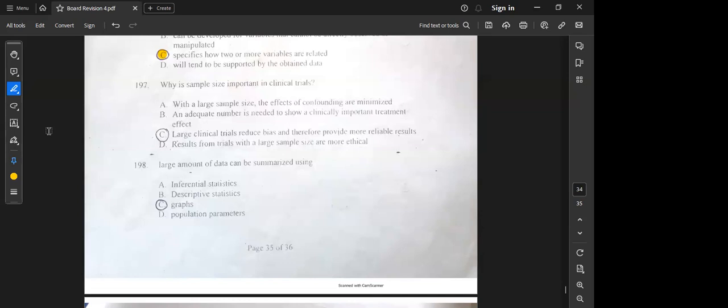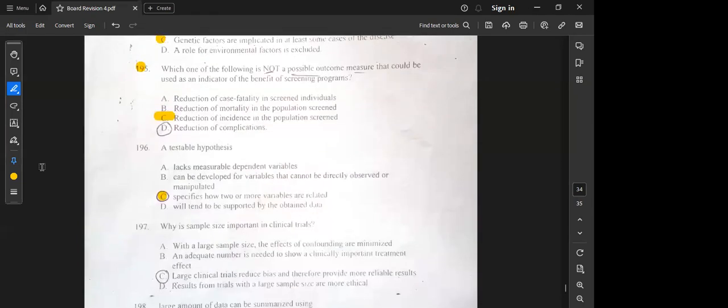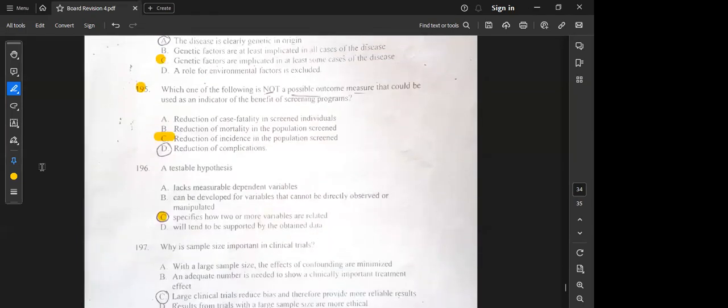Okay. No, back to the question on screening. I would go for choice D, that is reduction of complications, because when you look at the definition of screening and the whole point of screening, it's all about early detection of disease in patients or a group that has no symptoms. So you're looking for early detection.